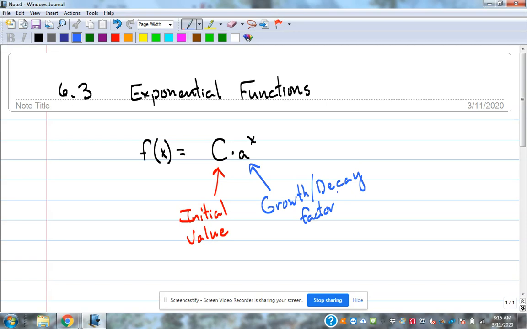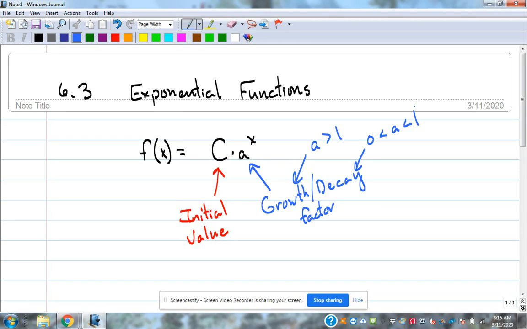Depending on the value of A decides if it's exponential growth or exponential decay. So if it's growth, we're looking at A being greater than 1. Decay, A is between 0 and 1. So what kind of numbers are between 0 and 1?